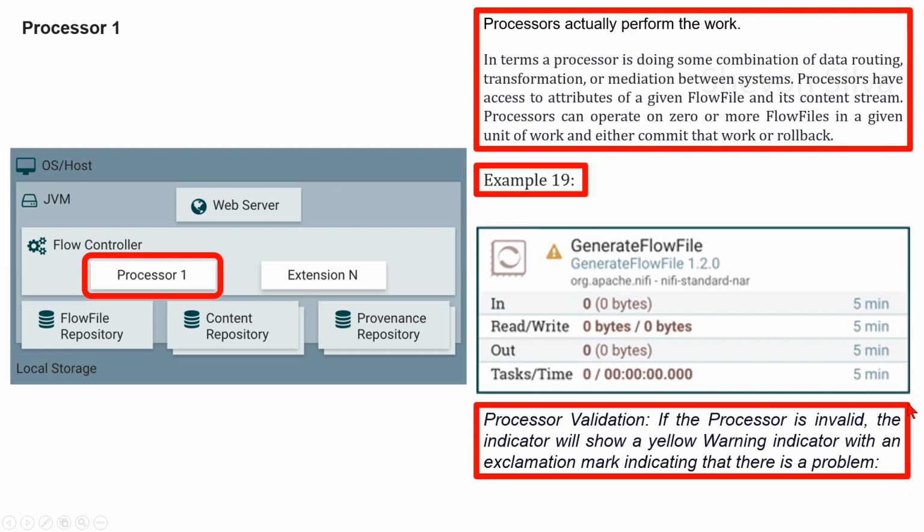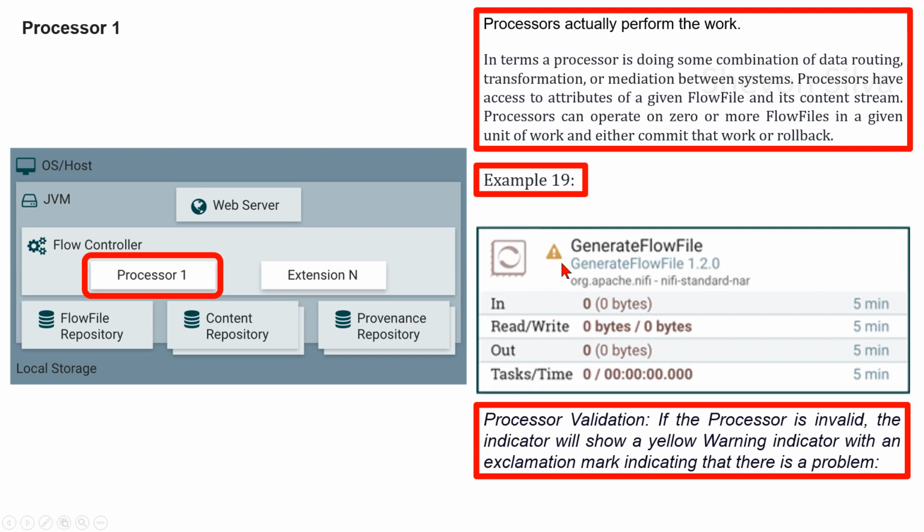The status indicator is shown in the top left corner of the processor. If the processor is invalid, the indicator will show a yellow warning indicator with an exclamation mark indicating there's a problem. In this case, hovering over the indicator icon with the mouse will provide a tooltip showing all of the validation errors for the processor.